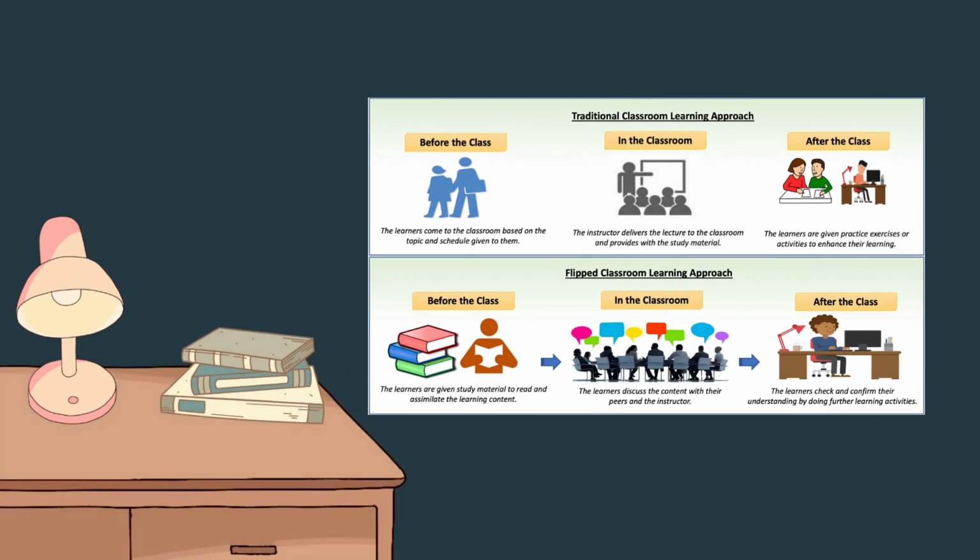So the example here shows the traditional and flipped learning approach. In the traditional learning approach, we have before the class, in the classroom, and after the class. Before the class, the learners come to the classroom based on the topic and schedule given to them.